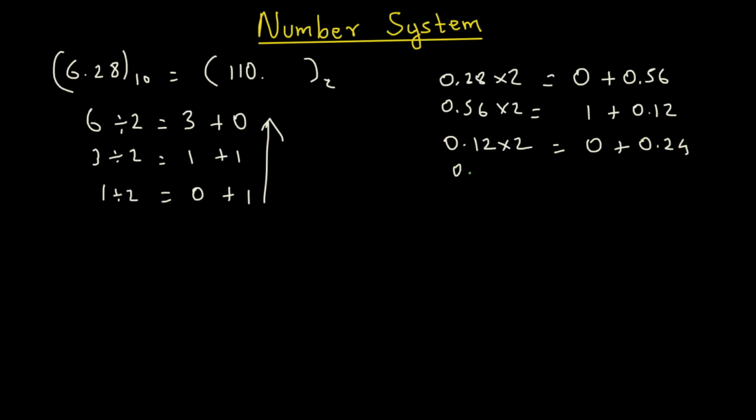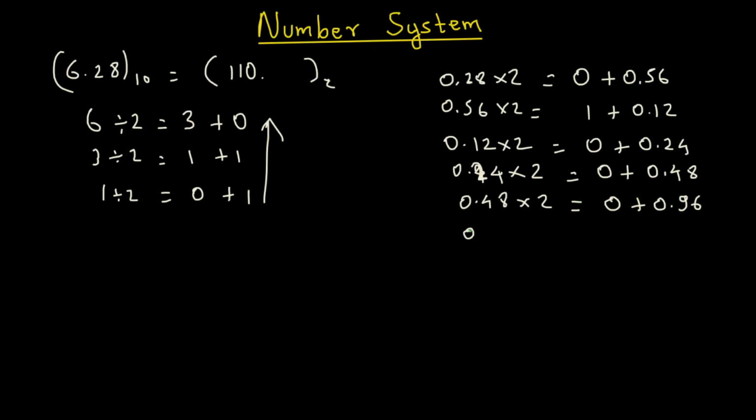Then 0.24 multiplied by 2 is 0.48, which is 0 plus 0.48. Then 0.48 multiplied by 2 is 0.96, so 0 plus 0.96. Then 0.96 multiplied by 2 is 1.92, so 1 plus 0.92.